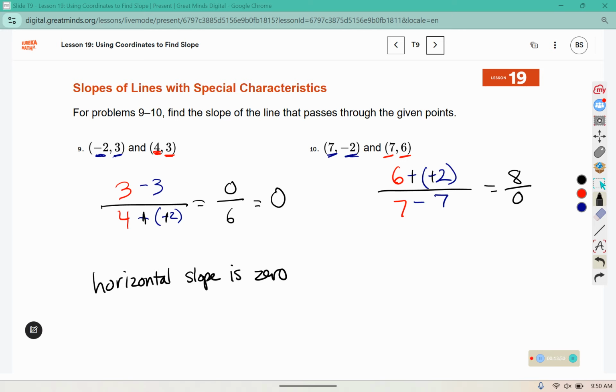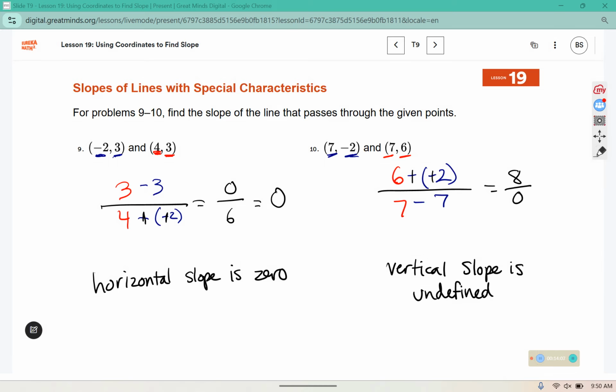And this is because this slope is considered undefined. It's getting closer and closer to really large numbers, so it's headed off towards infinity. So we use the slope called undefined for vertical lines.